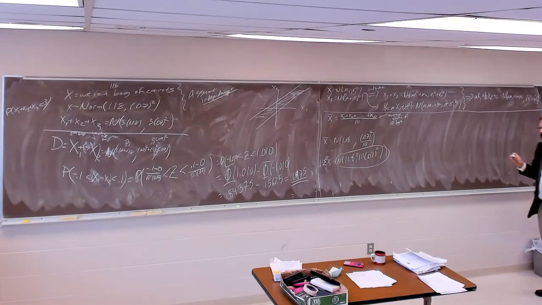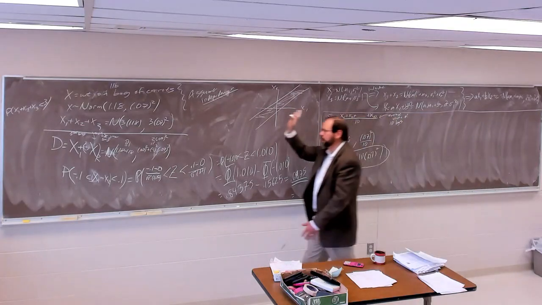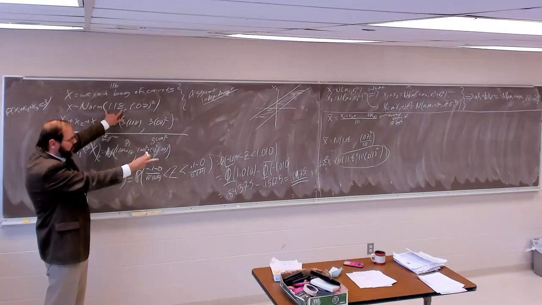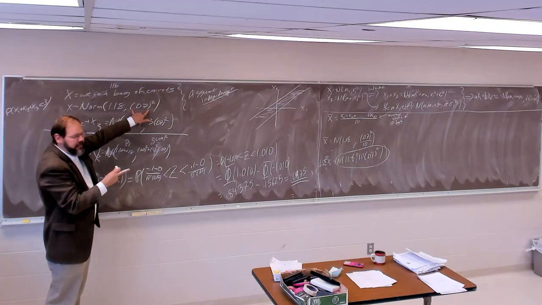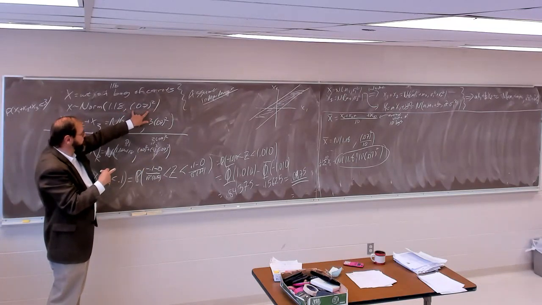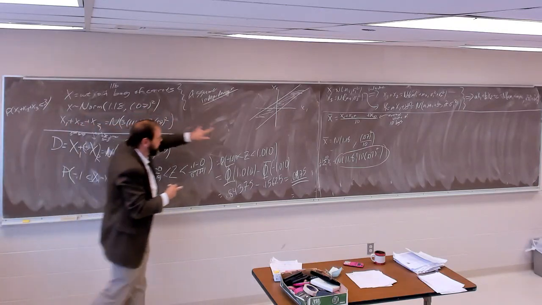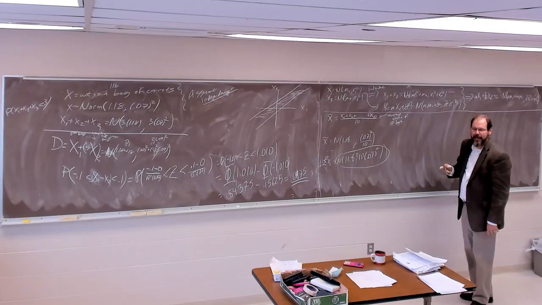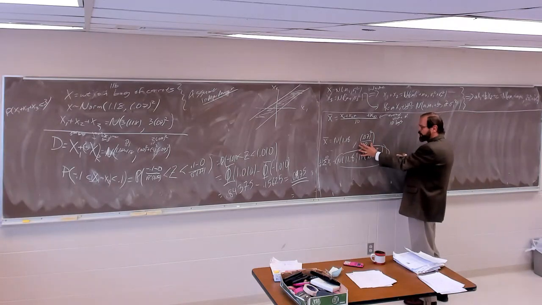And notice, when I just dealt with one bag, I get the same mu, but my sigma squared is larger here than it is over here, right? Actually larger by a factor of 10, or I can say it's smaller over here by a factor of 10.